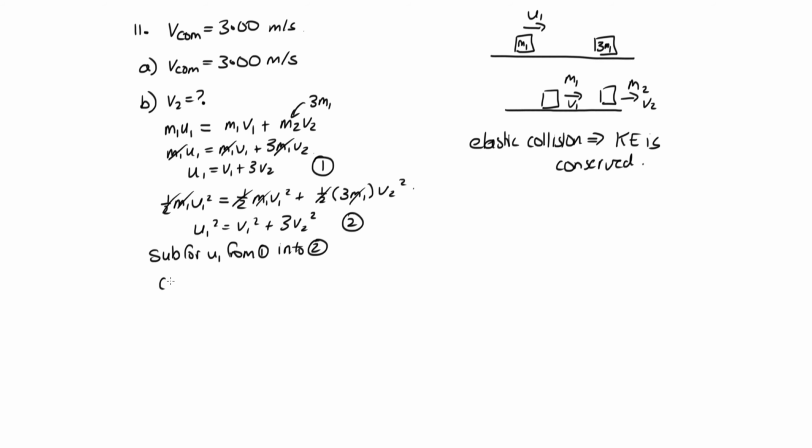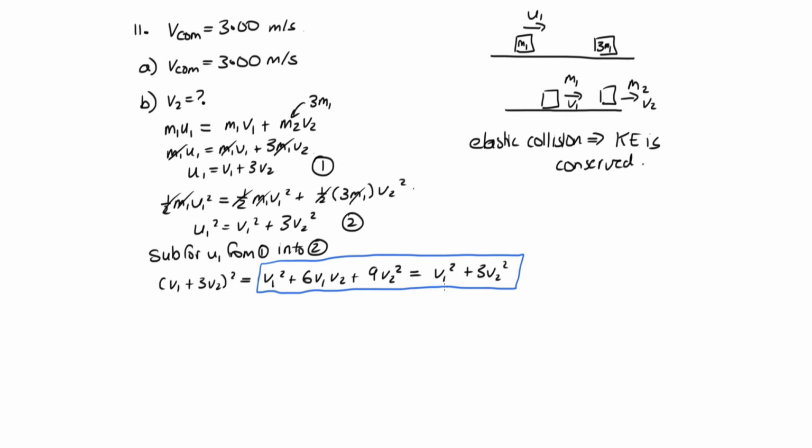So when I do that, I've got (v1 plus 3v2) squared. So let's just expand this squared now. I've got v1 squared plus 6v1 v2 plus 9v2 squared is equal to v1 squared, so this now is the second half of this equation, plus 3v2 squared. Okay, so I'm looking at this part now.